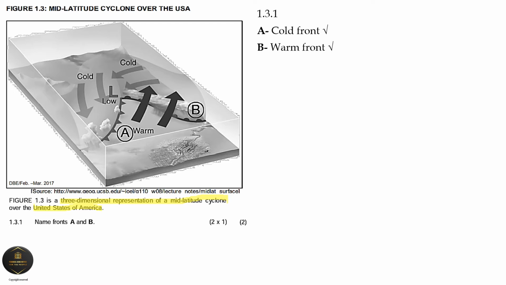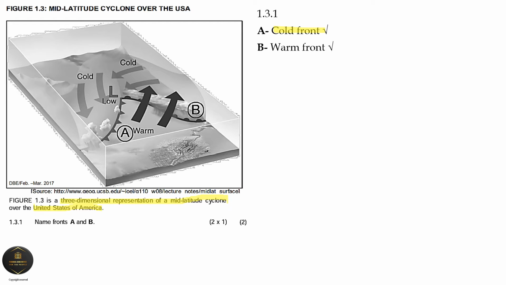Now, the first question says, name fronts A and B. If we were to study our diagram, we see that front A has the triangle symbols here. And we know that the front that has the triangle symbols is what? It is the cold front.